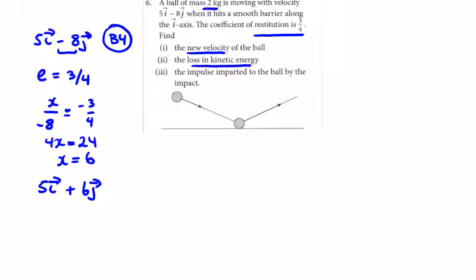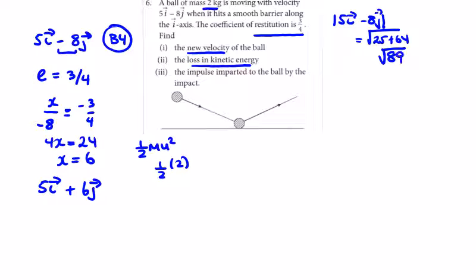The loss in kinetic energy, well, let's look at before. Kinetic energy is a half mu squared. So we have a half times 2. And we need the magnitude of this. So the magnitude of 5i minus 8j is going to be equal to the square root of 25 plus 64, which is root 89. And afterwards we have the magnitude of 5i plus 6j, which is the square root of 25 plus 36, which is root 61.